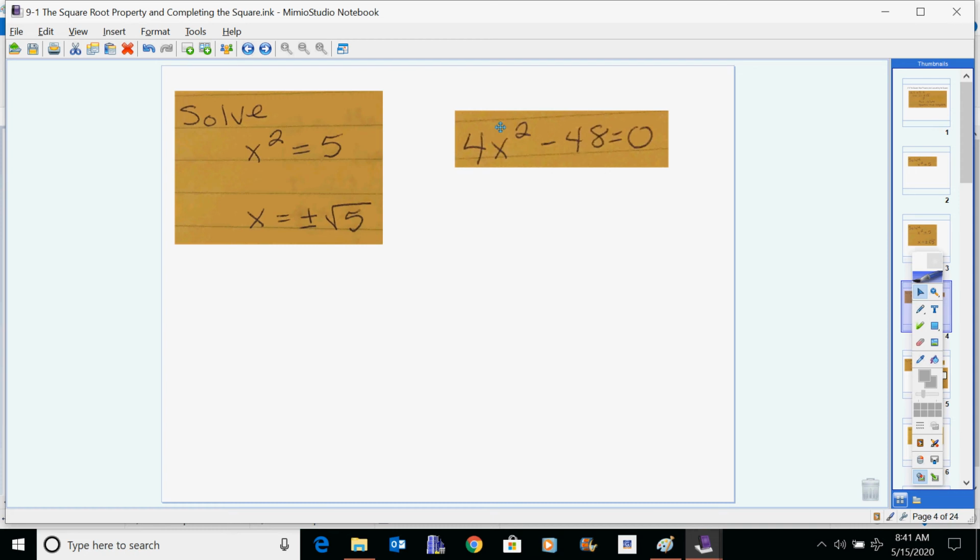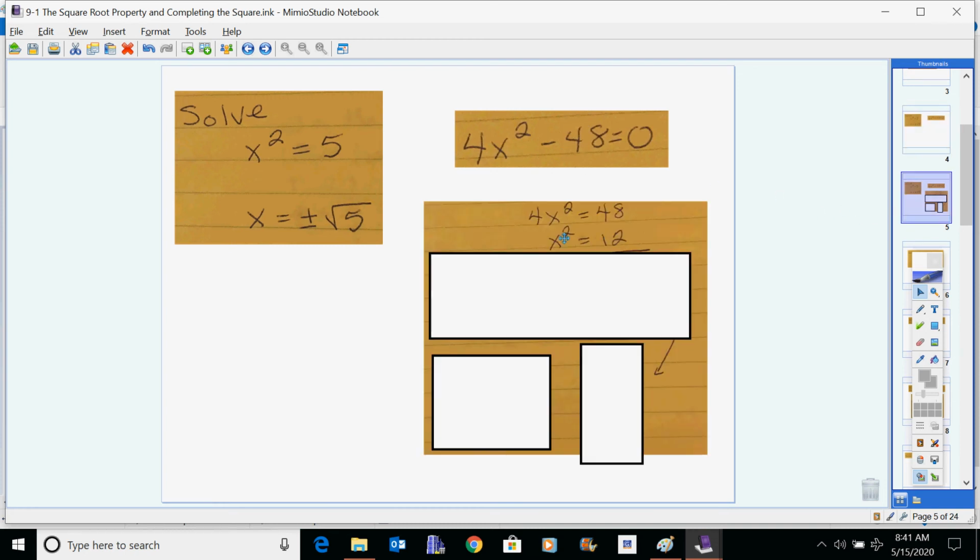It is useful when you have a square in play to try and get the square by itself, especially if there's no other linear term in this. This is our quadratic term. The linear term would be just the x. So if there's no linear term in there and you just have another constant here, start off by trying to isolate that.